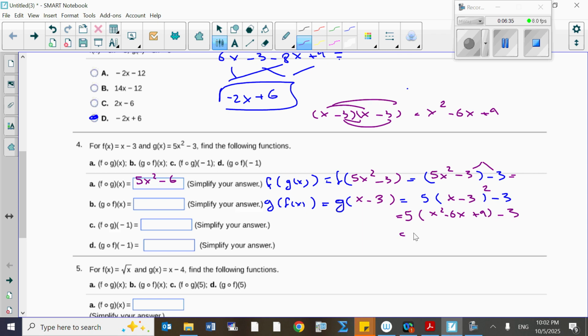Now distribute the 5: 5x squared minus 30x plus 45 minus 3. And the answer will be 5x squared minus 30x plus 42.